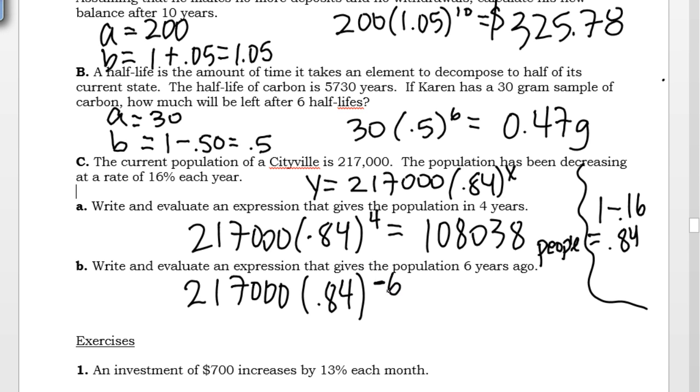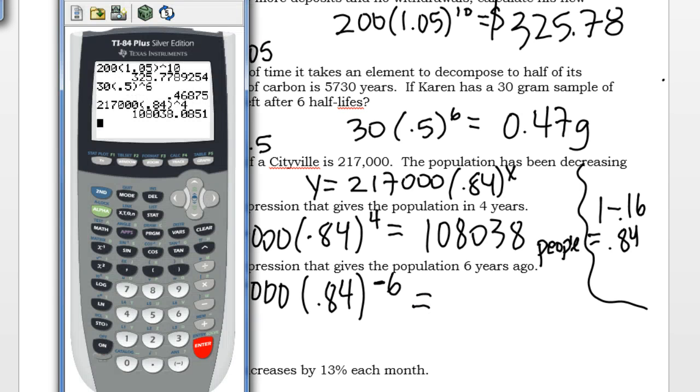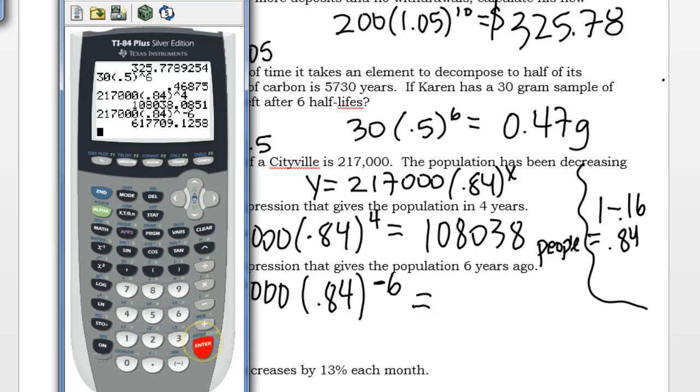So do not use a 1.16 for the ratio. We're going to keep with our 0.84, but to go back in time, we use a negative exponent. So, 6 years ago, we had over 500,000 people. We had 617,000.